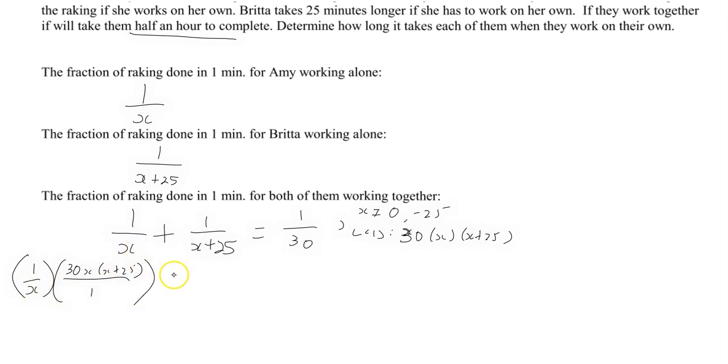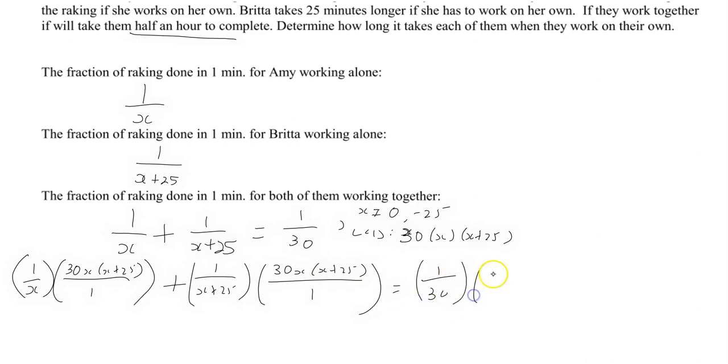Right, to look like fractions. 1 over x plus 25 times 30x(x plus 25) over 1. 1 over 30 times 30x(x plus 25) over 1. So 30, 30, x plus 25, x plus 25, x.